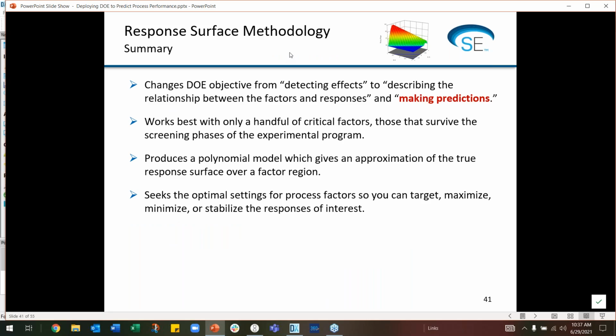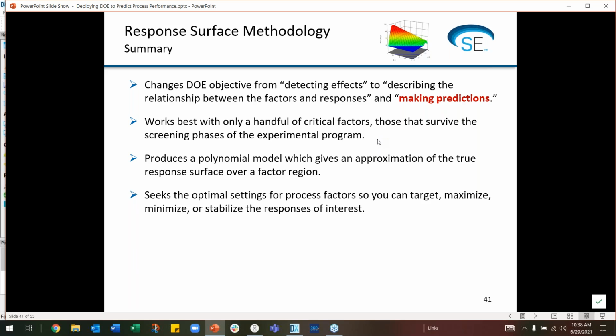All right, so summarizing in general response surface methods, the key thing between factorial designs and response surface designs is that we change our objective from simply detecting effects, which are either main effects or interactions, to now really describing the relationship between the factors and the responses and making predictions. Even finding an optimum, but finding an optimum is all about making predictions.